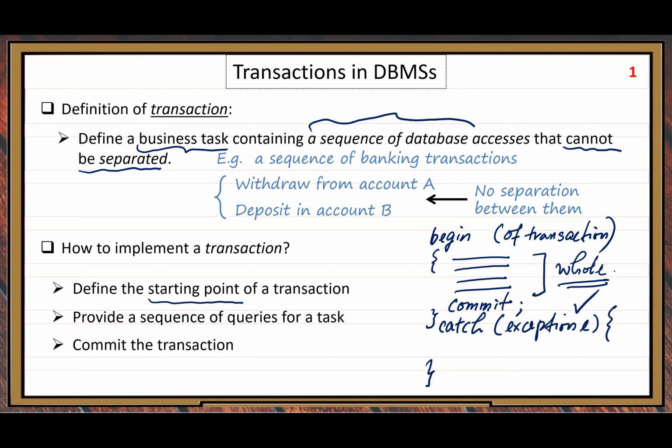So we need to write some code in this catch block to protect your transaction. Basically, in the catch block, we do one thing called a rollback.